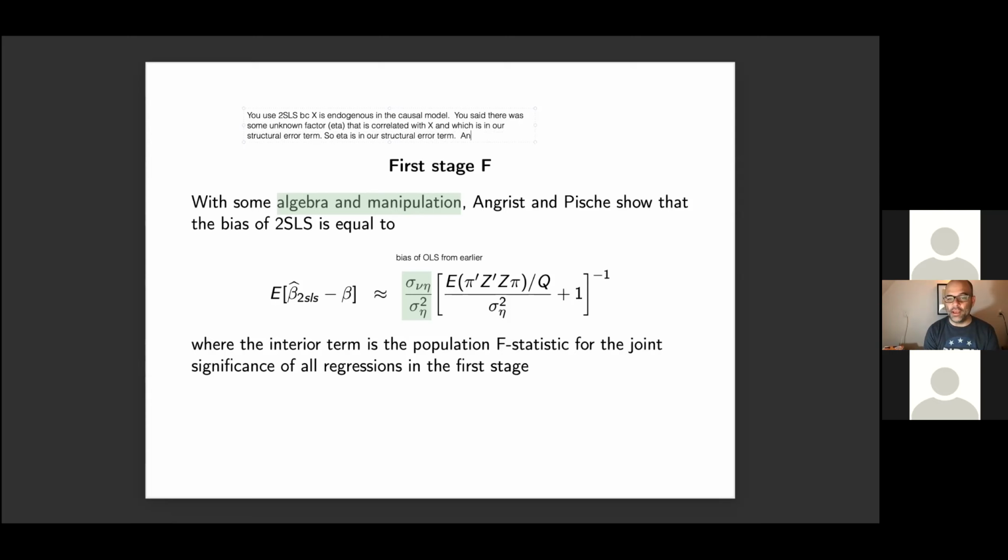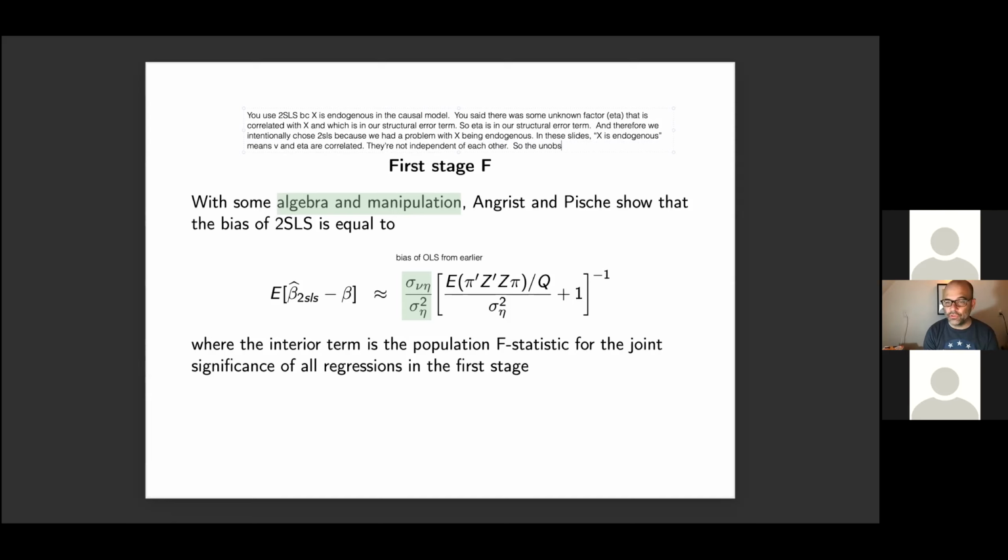And therefore we intentionally chose two-stage least squares. We chose two-stage least squares because we had a problem with X being endogenous. In these slides, X is endogenous means V and eta are correlated. They're not independent of each other.